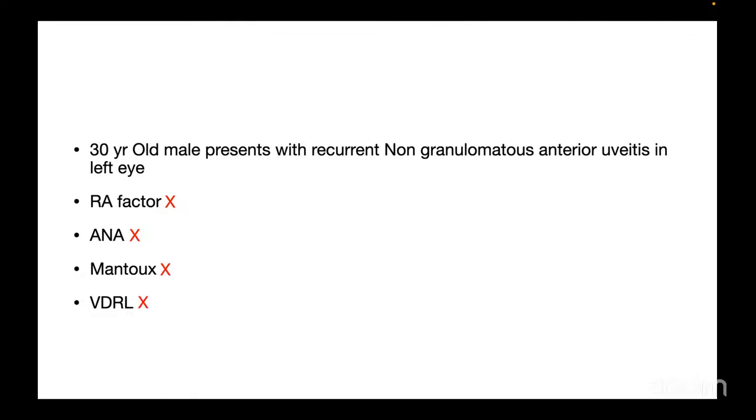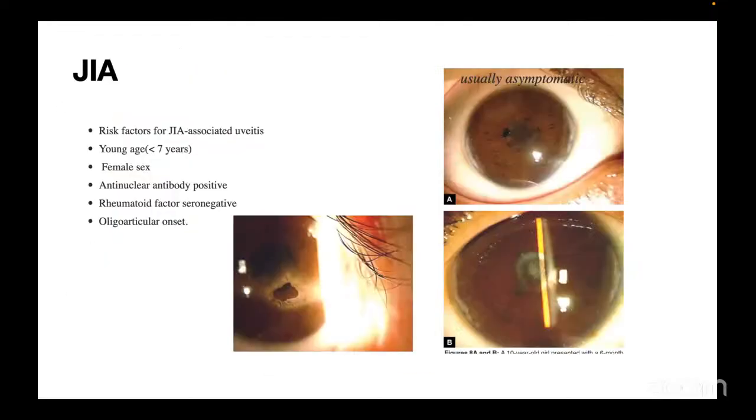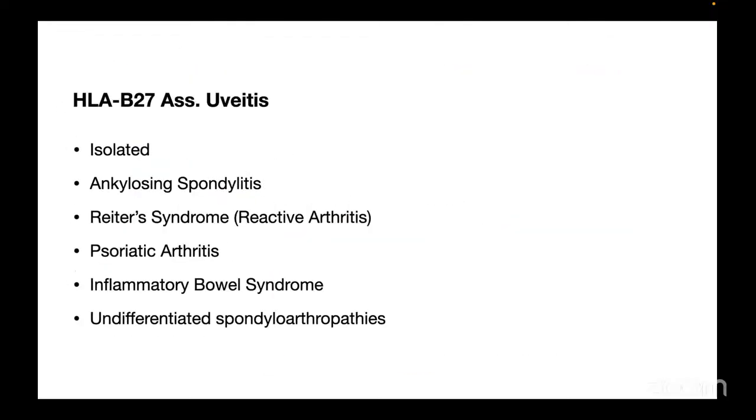But when you see the first episode, you ask the patient all these questions, about ankylosing spondylitis, reactive arthritis, psoriasis, and order the test according to the patient. Most of the time, if the patient doesn't have any positive, it might come to idiopathic. But usually, even in the first episode, with the posterior segment examination, you order the specific test according to the patient's need.